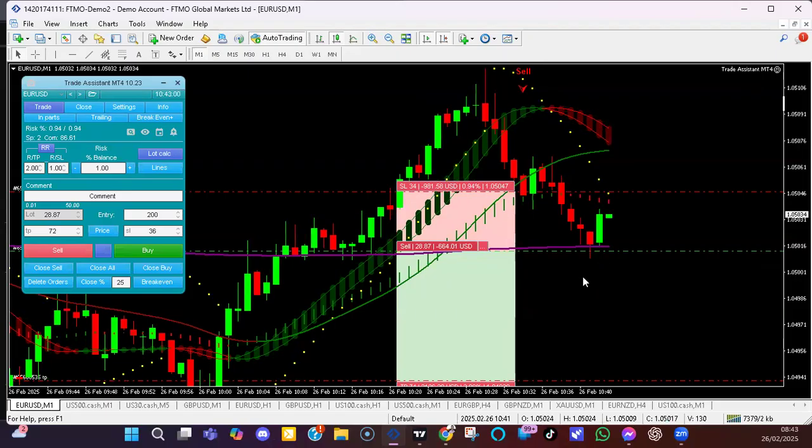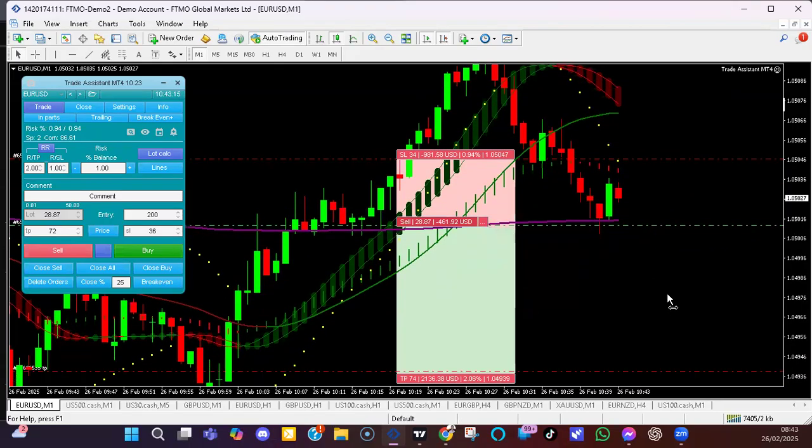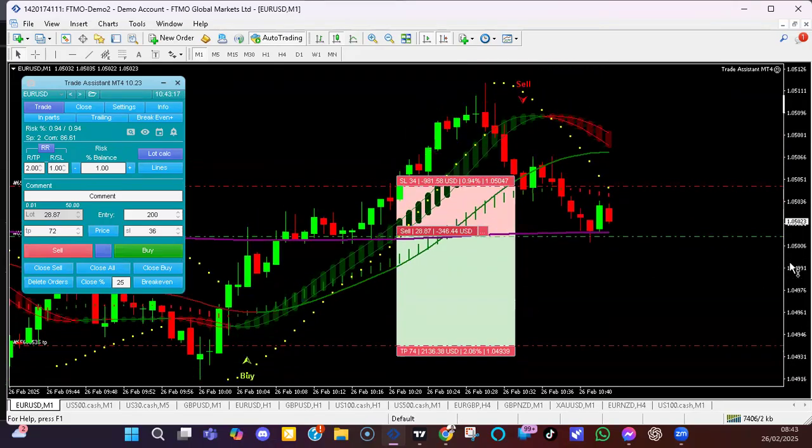Really, you should be waiting for price to get down here, really. But by doing that, I'm adding more distance between stop loss and entry. I mean, still might be okay, but ideally, you'd want like a 4 or 5 pip distance between stop loss and entry to get better confirmation.